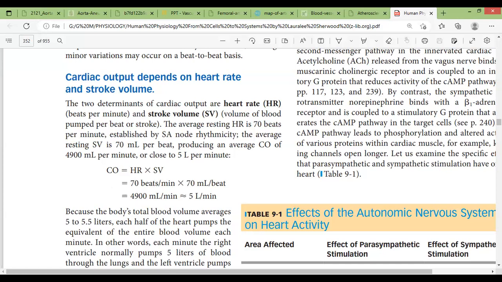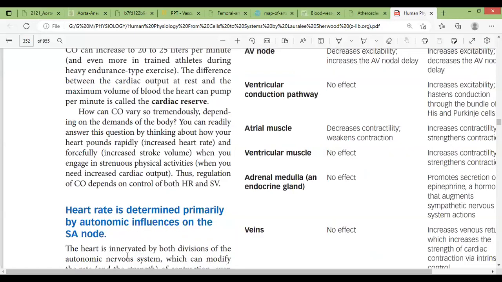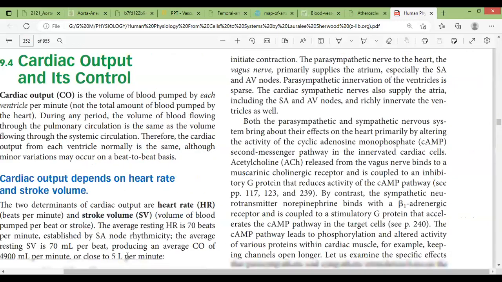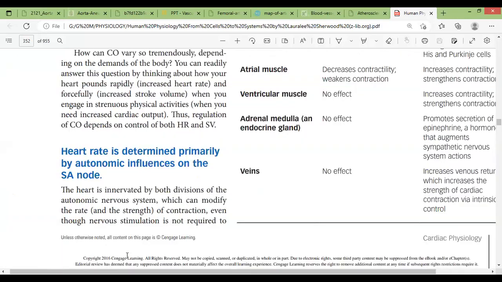Now, that is it about the heart. We've said that the sinoatrial node fires by itself, but we know heart rate can increase or decrease based on activities that one is performing, such as exercise, such as sleep, and all those things.